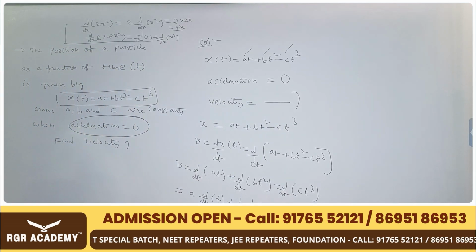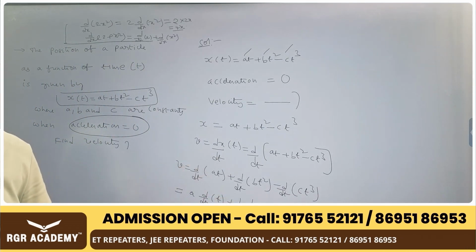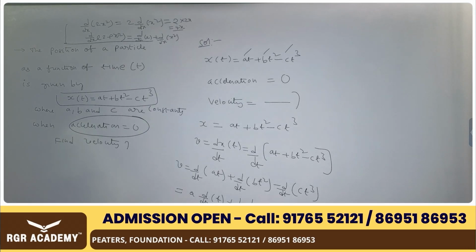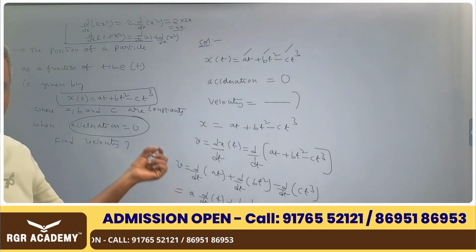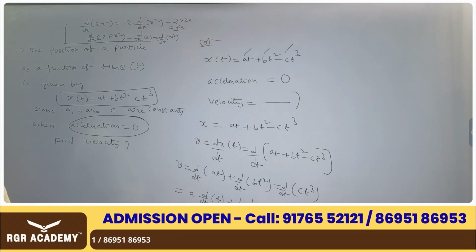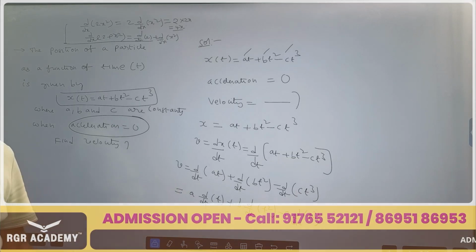Now differentiate with respect to time. That formula you already know: d by dx of x power n is n into x power n minus 1.